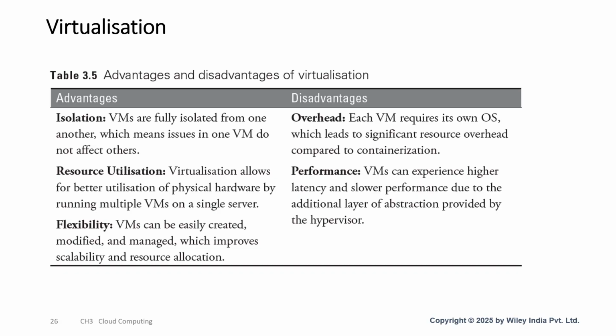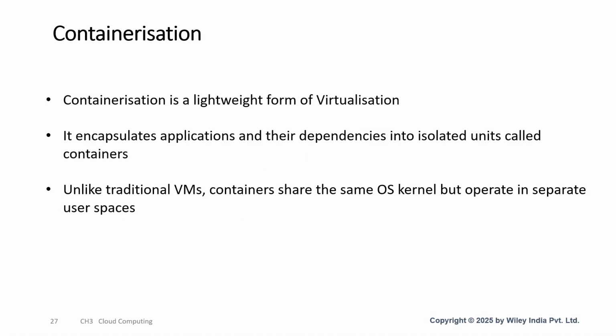In performance, VMs can experience higher latency and slower performance due to the additional layer of abstraction provided by the hypervisor. Compared with a machine running only one operating system, a machine running four operating systems will of course be slower, with higher latency and higher delays.